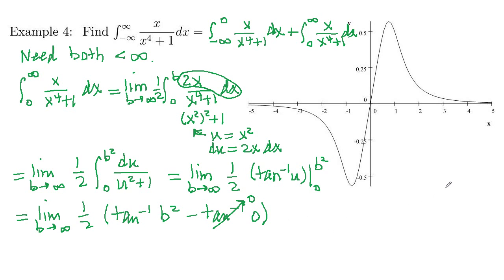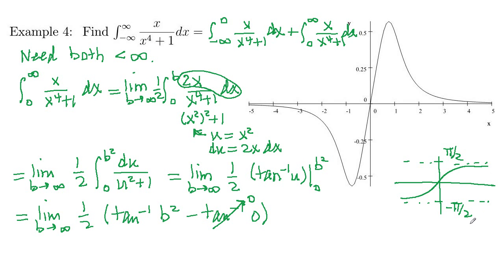Remember that your inverse tangent graph looks like this. Got horizontal asymptotes at negative pi over 2 and pi over 2. And it looks like this.